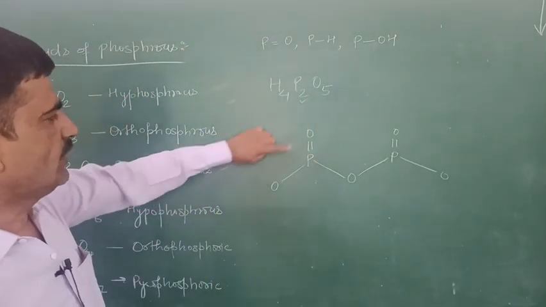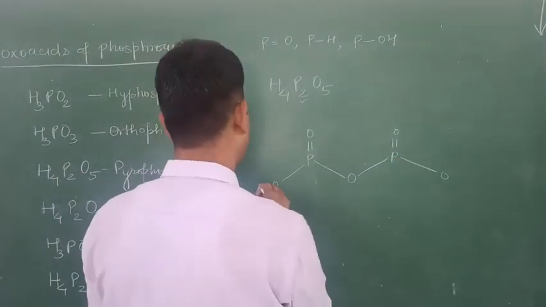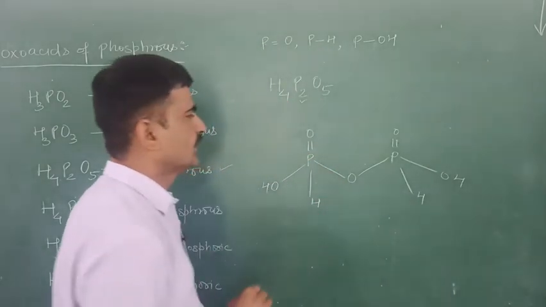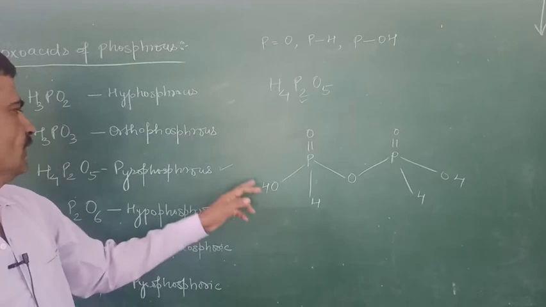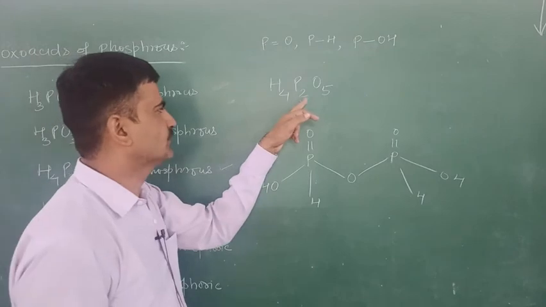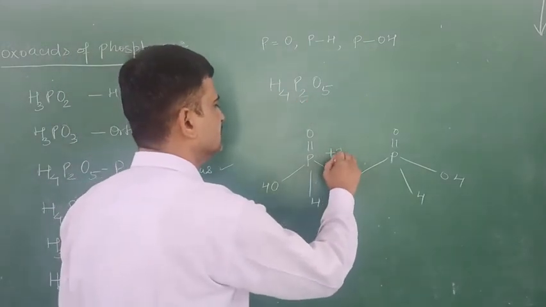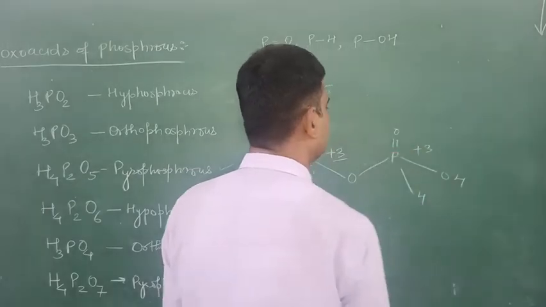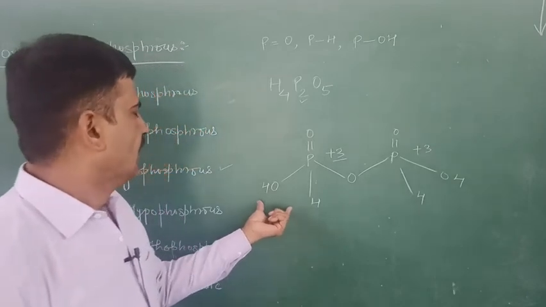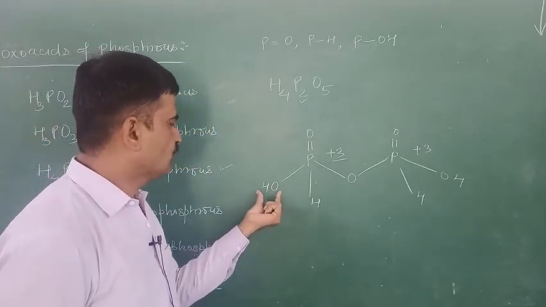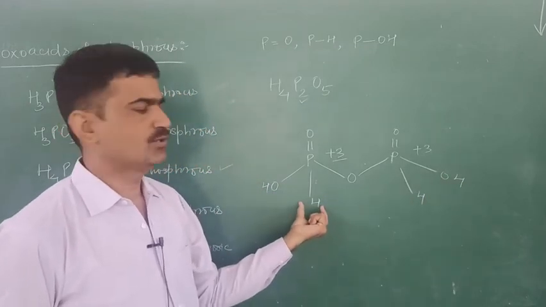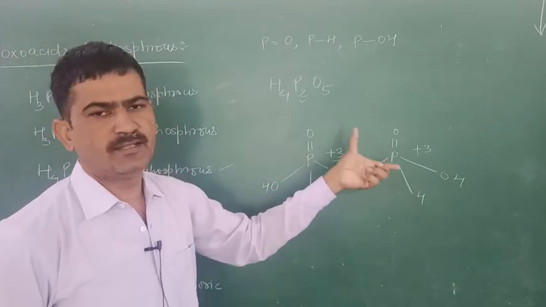Five oxygens are there, 1, 2, 3, 4, 5, and 4 hydrogens. This is the structure of pyrophosphorus acid. The oxidation state of phosphorus is +3, it has tetrahedral geometry, sp3 hybridized, and it is also a dibasic acid because it has two displaceable hydrogens, and it is also a reducing agent because two phosphorus-hydrogen bonds are there.